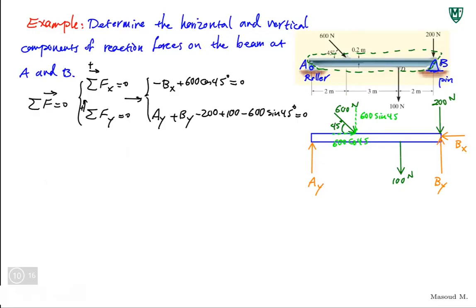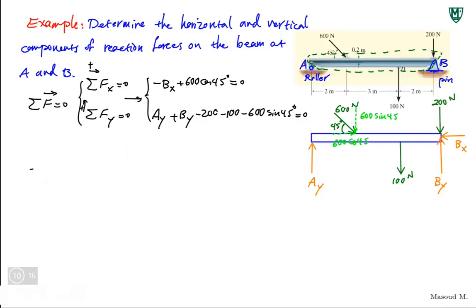Let's see if I missed anything. Ay and By upward, minus 200 and minus 100. Obviously, I put the wrong sign. Exactly. Thank you. My mistake. This should be minus 100. You're right, guys. And minus 600 sine 45 degrees.